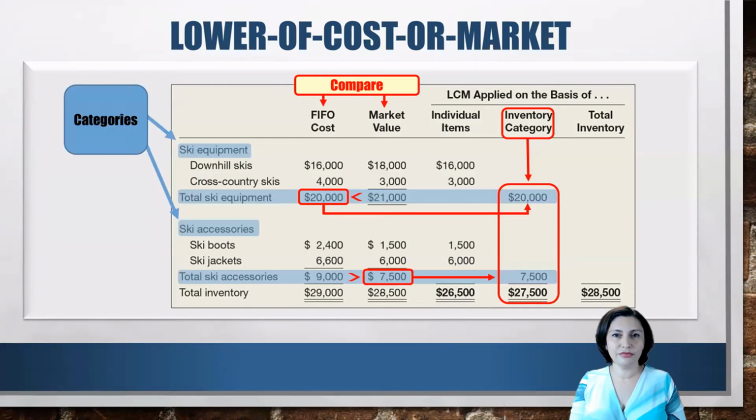$26,500. If we apply the lower of cost or market rule on the basis of inventory category, that is ski equipment and ski accessories, we will write down the $29,000 FIFO cost by $1,500, which is $29,000 less $27,500. Similarly to the previous example, we compare the cost with the market value of each category and select the lower number for each category.